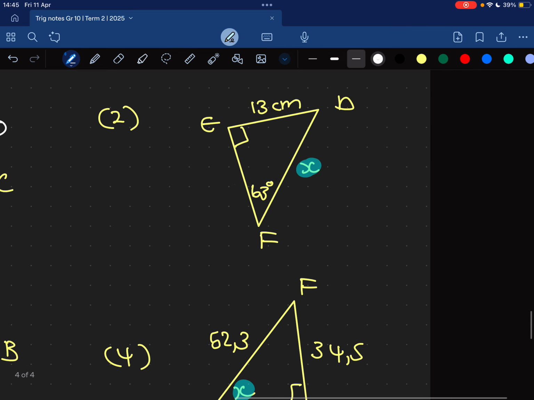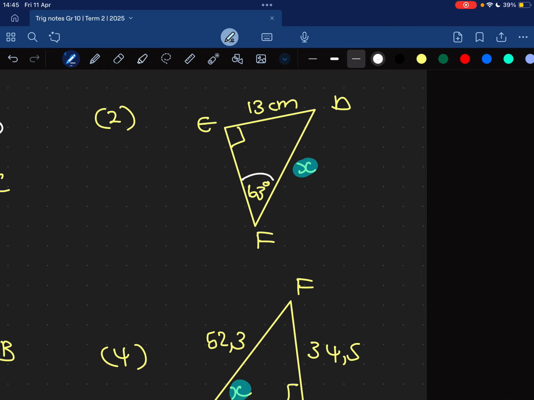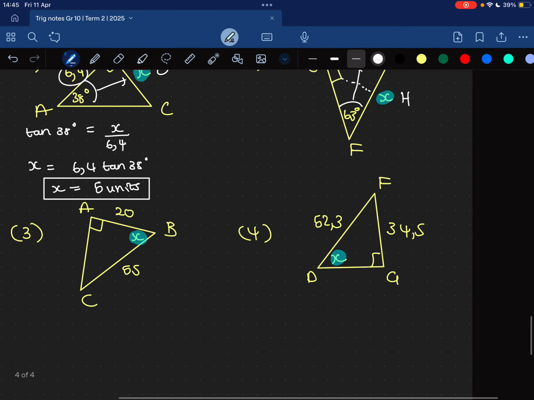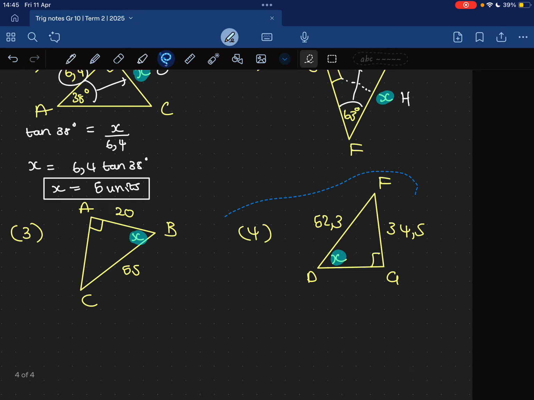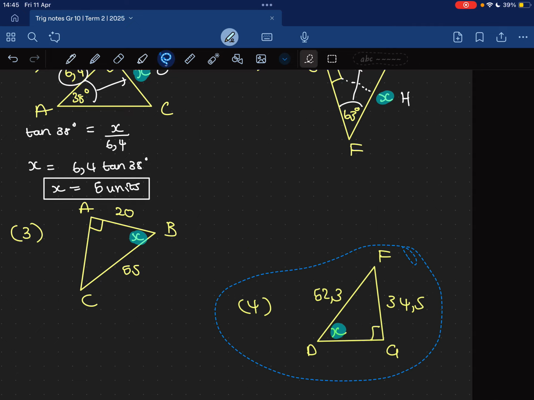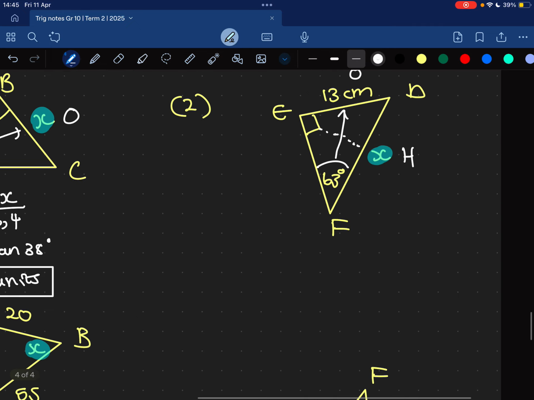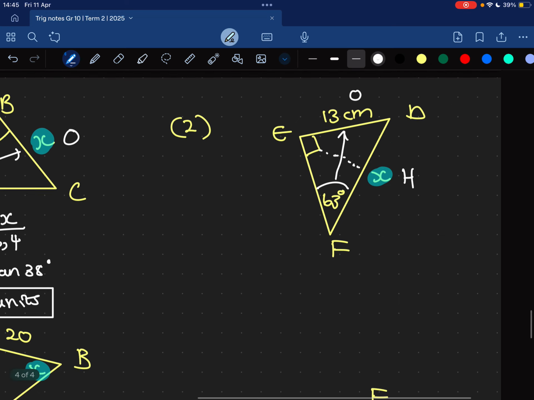Okay, then for this one, here's the angle. This is the opposite. Now be careful, this is not adjacent. It is the side opposite to the right angle. So it has to be the hypotenuse. So I'm going to have sine of 63 is equal to opposite over hypotenuse.